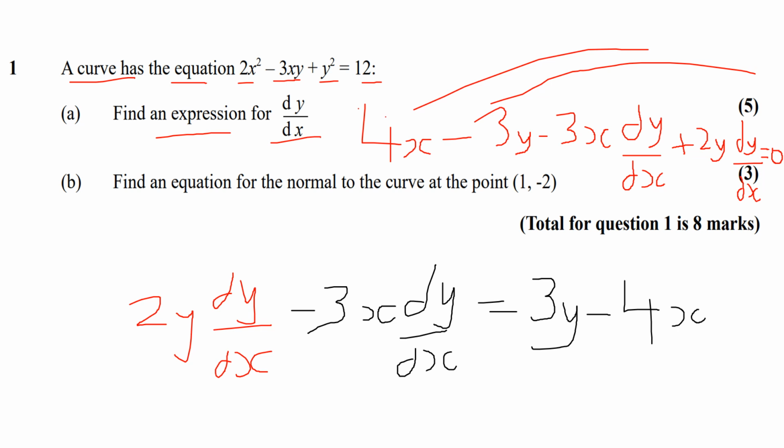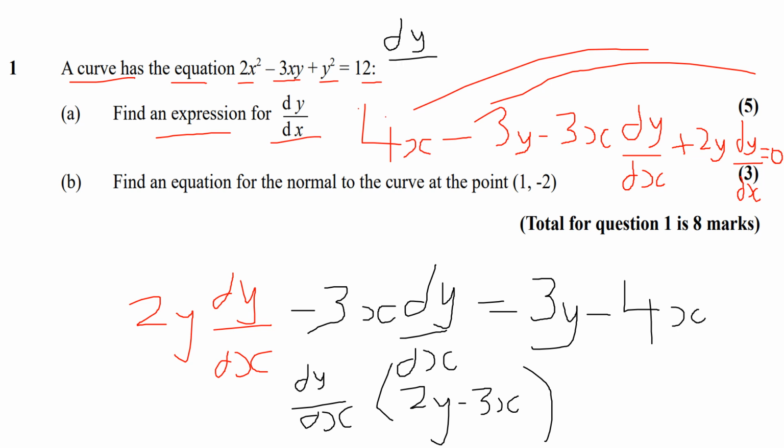I'm now going to factorize that dy by dx. I'm going to have dy by dx, brackets 2y minus 3x, is equal to this. Dividing both sides of my equation by 2y minus 3x, we're going to get that dy by dx, guys, is equal to 3y minus 4x all over 2y minus 3x.